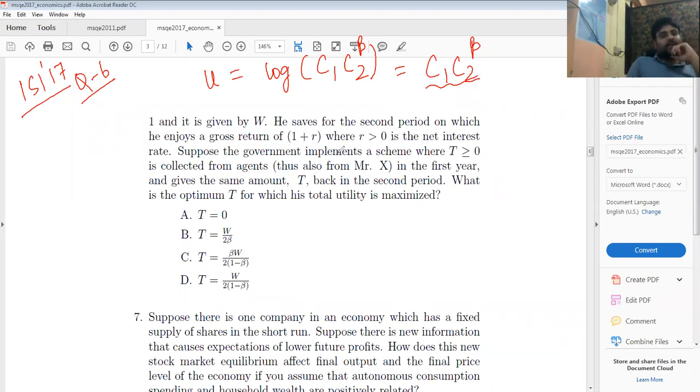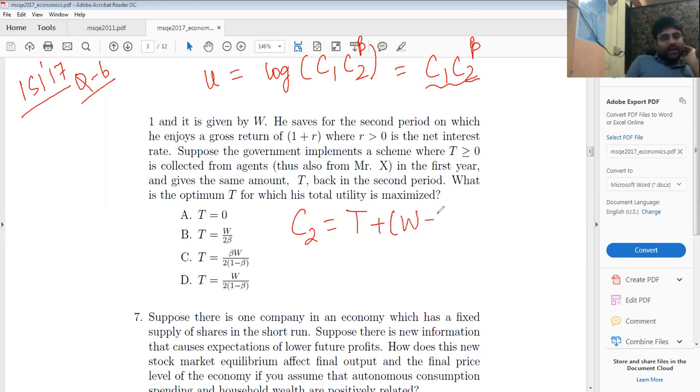Now let's take a look at the budget constraint. Consumption in period 2 is how much I earn in period 2. I don't earn anything, but the government pays me back T in the second period. So T is my net income in period 2, plus how much I save in period 1. How much do I save?